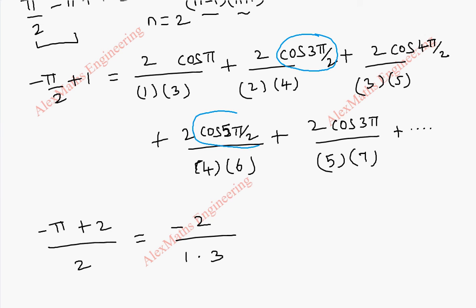So alternate terms become 0, and this becomes plus 2 by 3 into 5. Cos 2 pi is 1. Again this is 0, and we have cos 3 pi, which is minus 1. So minus 2 by 5 into 7. Like this, it keeps going.